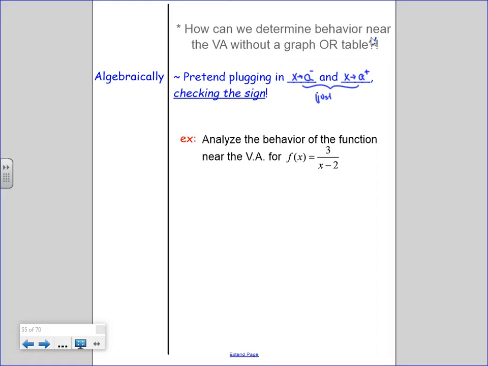Just one value each. I'm not doing the whole like 6 total, 3 each. I'm not going to do that without a calculator. You kidding me? I don't want to torture you guys. Pretend plugging in from the left and from the right, checking the sign. As you guys are writing to catch up, let me show you what I mean down below.